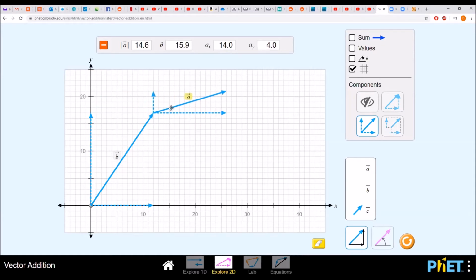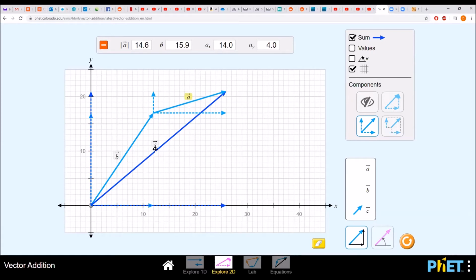So if you then take the sum of it, the sum is going to have a y value of 21 and an x value of 26, because that's the two y component values added together and the two x component values added together. And you get this final amount, which is just the x components added together and the y components added together.